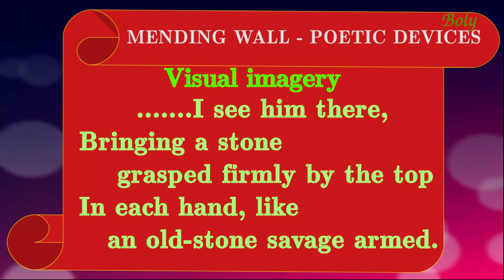So the reader can imagine the second neighbor who looks like a Stone Age man, a savage, taking stones in his hands. The poet gives a pen picture or a word picture through the lines. That is also an example for visual imagery.